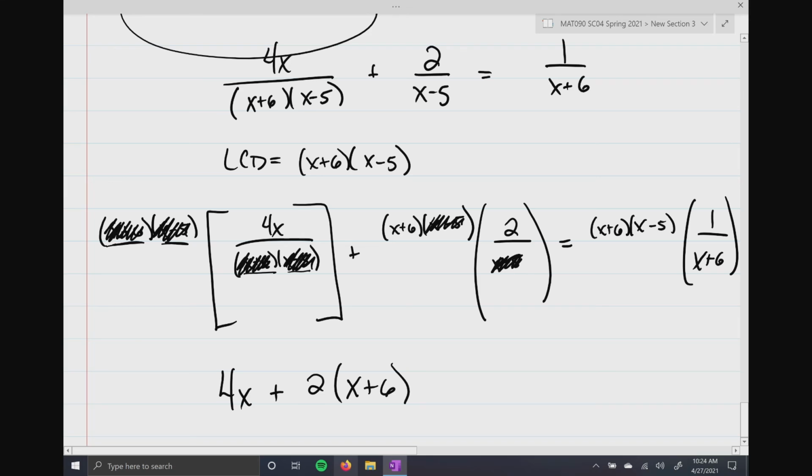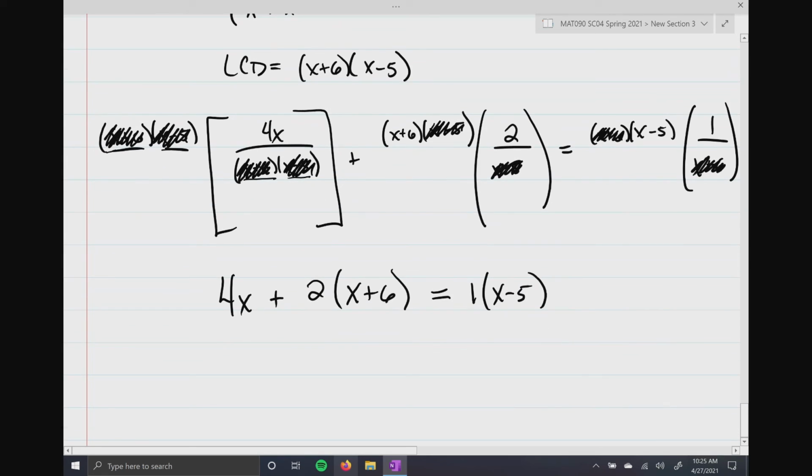Does that make sense, everyone? All right. Equals, now for the last fraction, you're still multiplying by that LCD, but the only denominator is x plus 6. So that's the only term that reduces. You're left over with 1 times x minus 5.